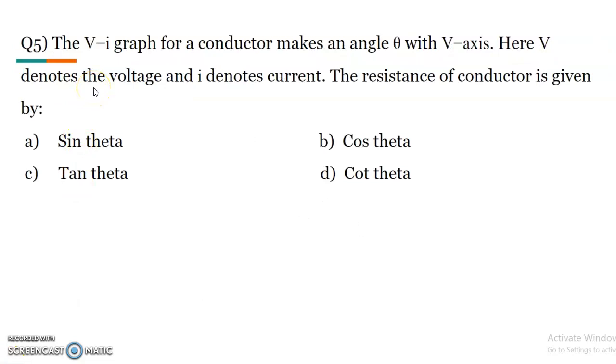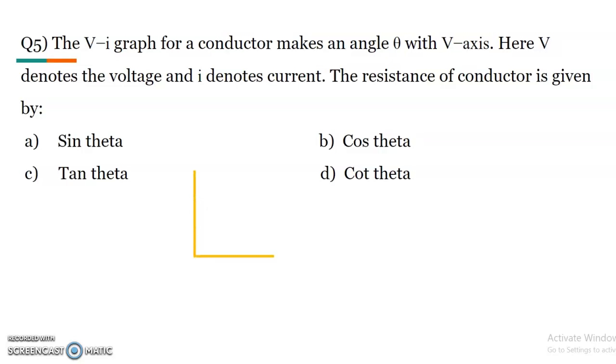Moving on to the fifth question. The VI graph for a conductor makes an angle theta with the V-axis. Here V denotes the voltage and I denotes current. The resistance of the conductor is given by? Alright. Now let us start plotting this graph.